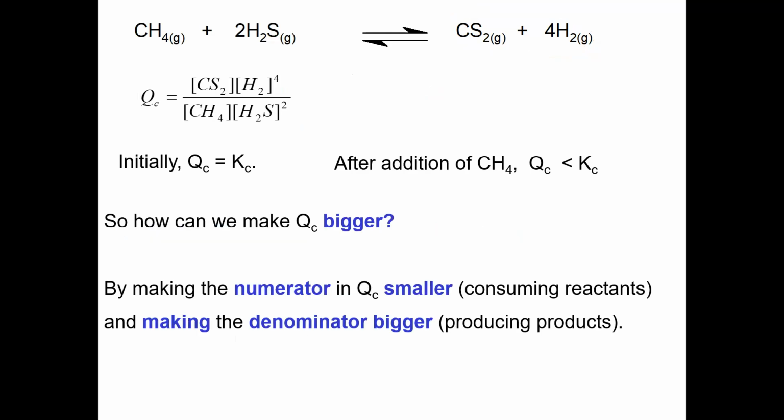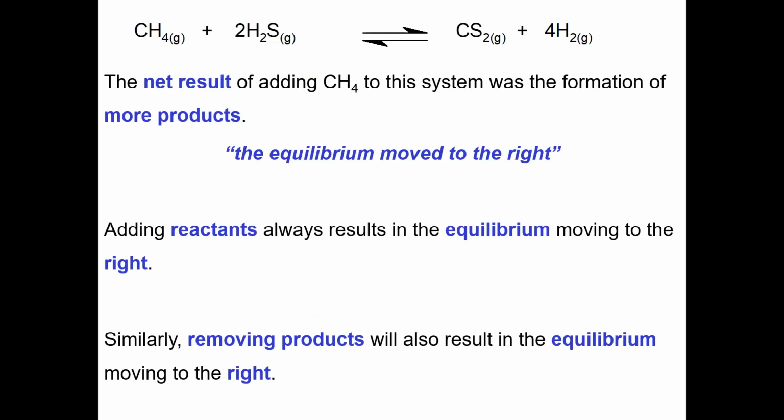We can make Q bigger by making the numerator smaller and the denominator bigger. So adding methane is going to make the system move to the right. The net result of adding methane to this system is that we will form more products, or we would say the equilibrium will move to the right.